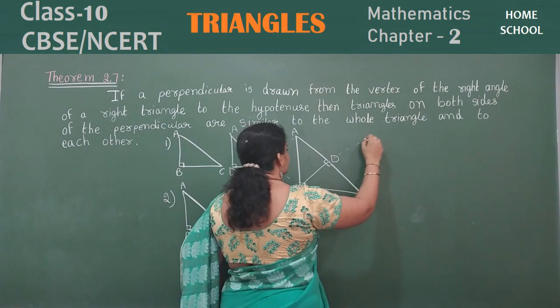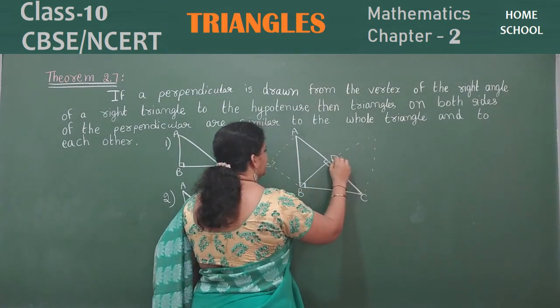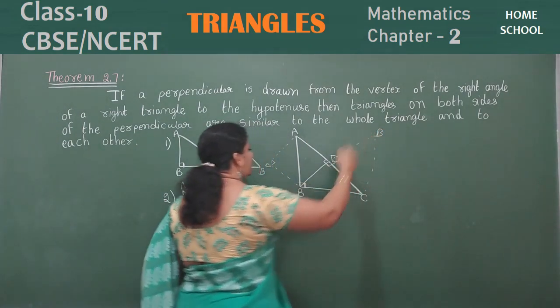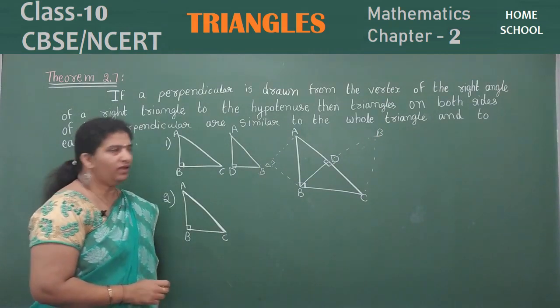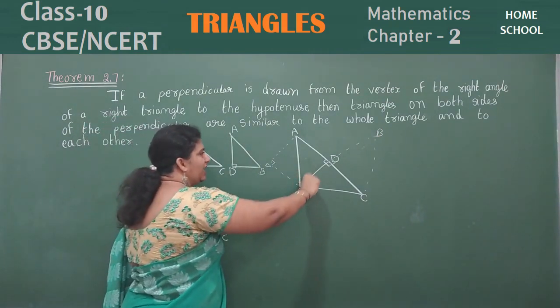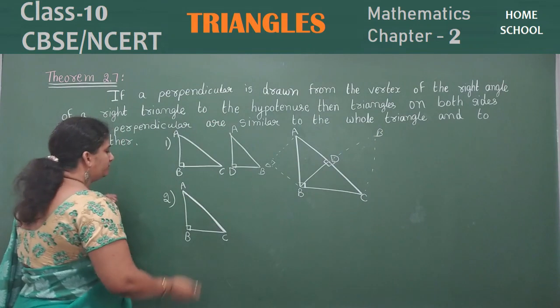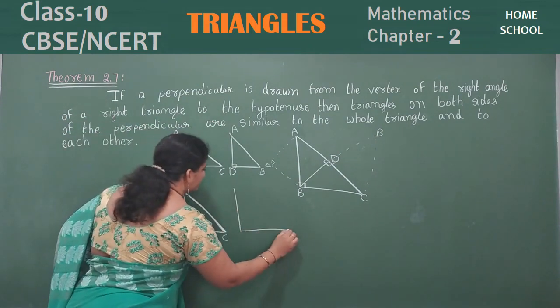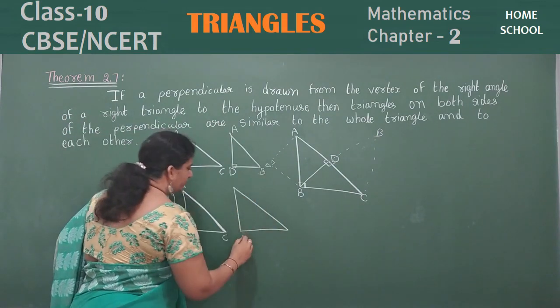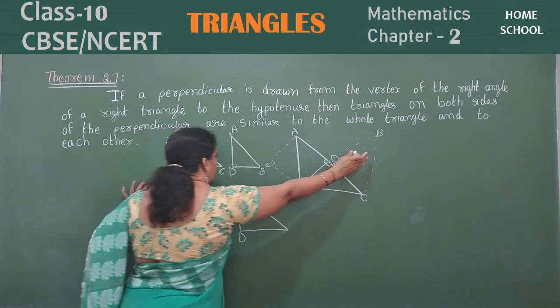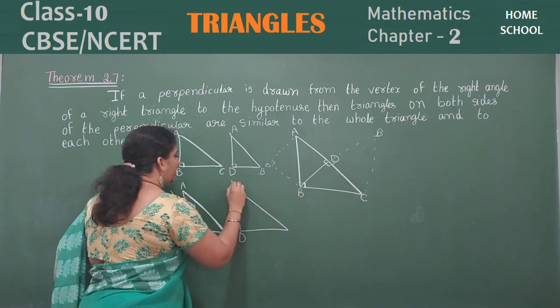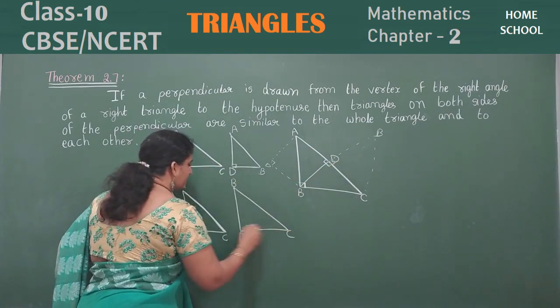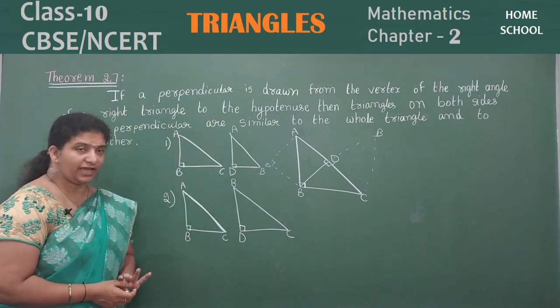So, what happens here? Like this. D is the right angle and B is here. Okay. So, D is the right angle, B will be at the top. Now, the same right angle triangle is placed here. D, B, C. Now observe here carefully.